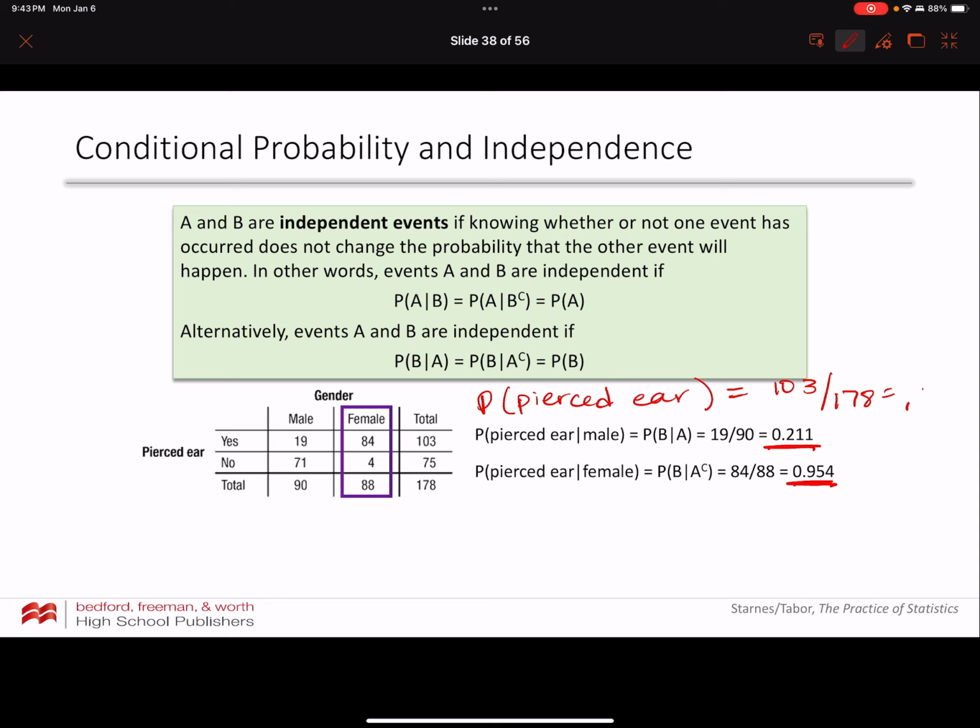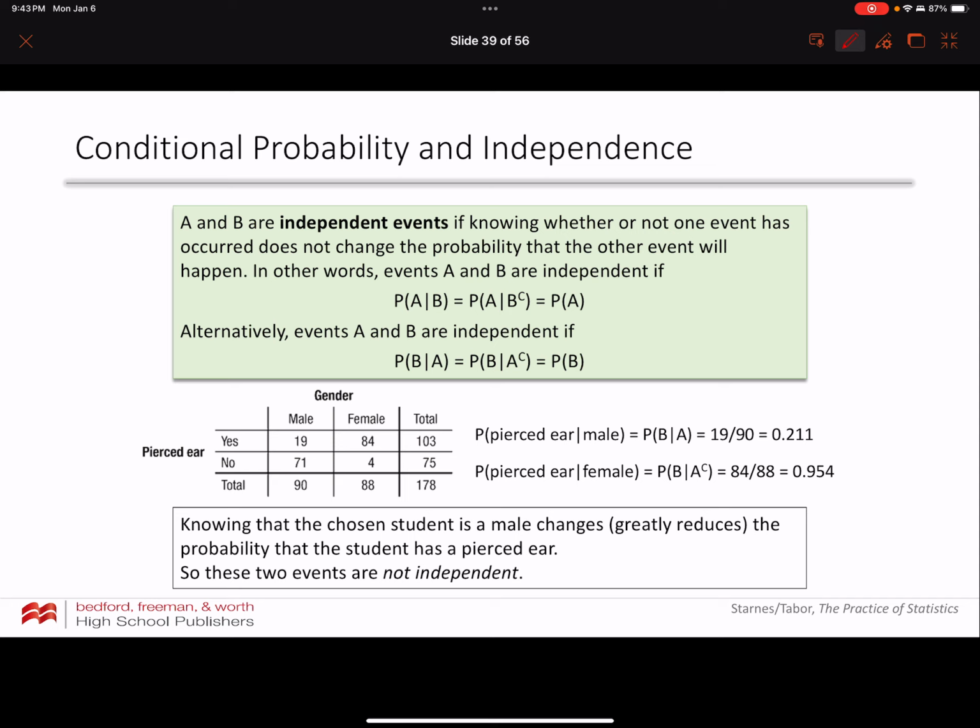So 0.5, we'll make that 0.58. Okay? So the probability of someone having a pierced ear is 58%. If these events were independent, when I found this conditional probability, this should be 58% and this should also be 58%. They would all be exactly the same. No rounding, exactly the same. So because they're very different, they're not independent.